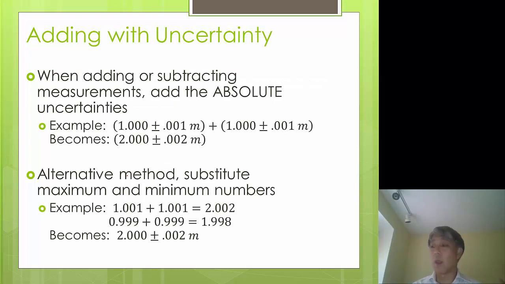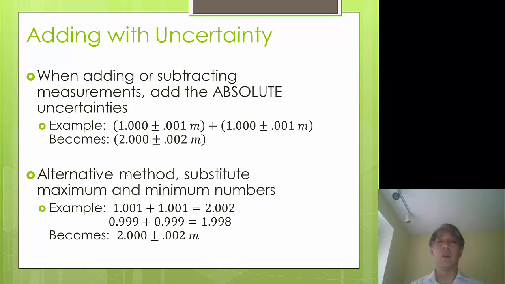Okay, so when I add two measurements with absolute uncertainties, or subtract, okay, remember subtraction and addition are the same function, then I have to work with the absolute uncertainties.